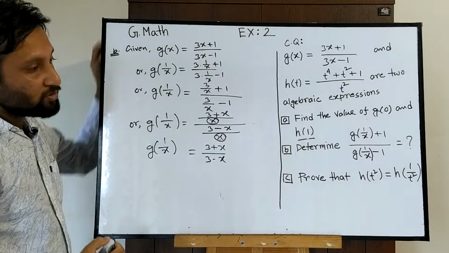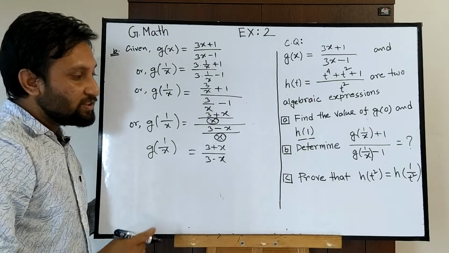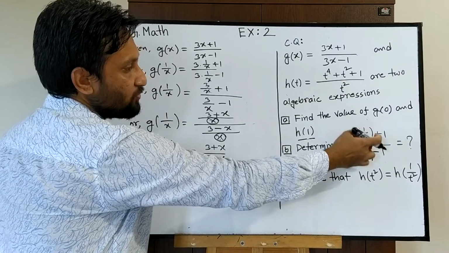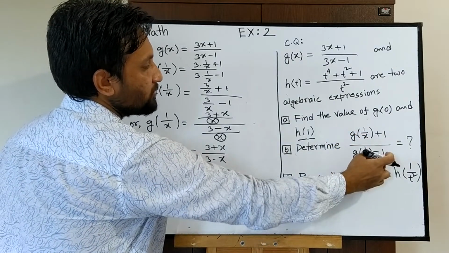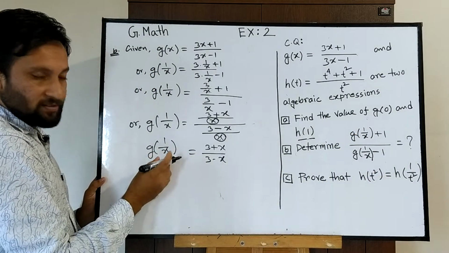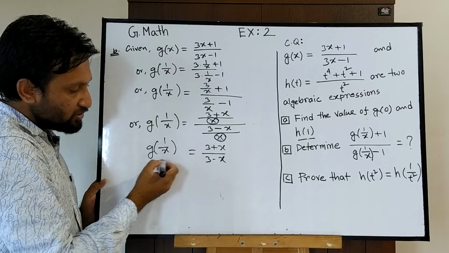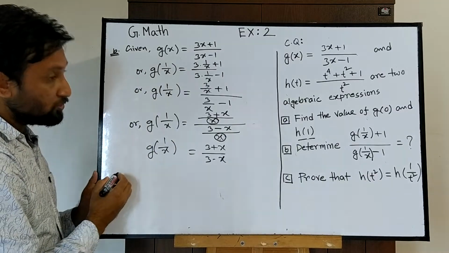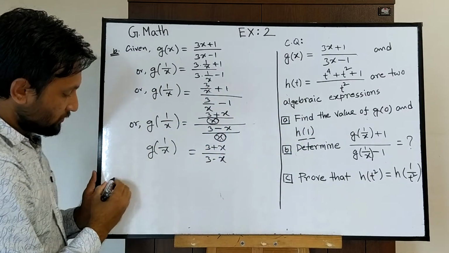If we apply the process of componendo and dividendo, we can get this easily, because here we have g of 1 by x plus 1 and g of 1 by x minus 1. But g of 1 by x, if we imagine the denominator as 1, so we can use componendo and dividendo to get this expression.